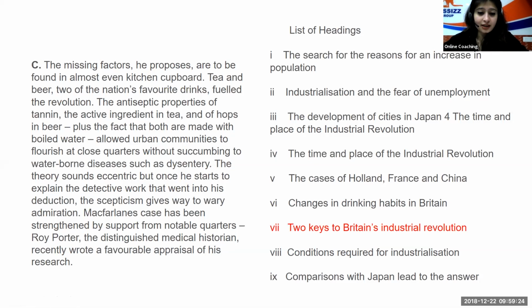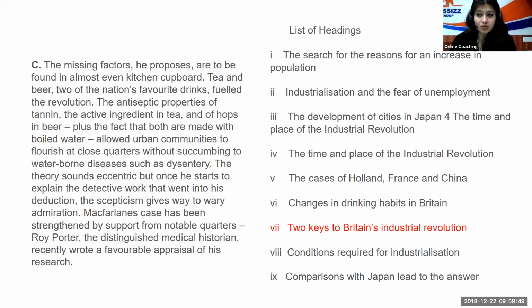Because that is exactly the paraphrasing, and I got it with the help of the first two lines and last two lines. Now, let's say this is slightly a vague answer because we have tea and beer and we can't really figure out how to do this. So I'm going to try the process of elimination. When you don't get anything, you always go with the process of elimination.